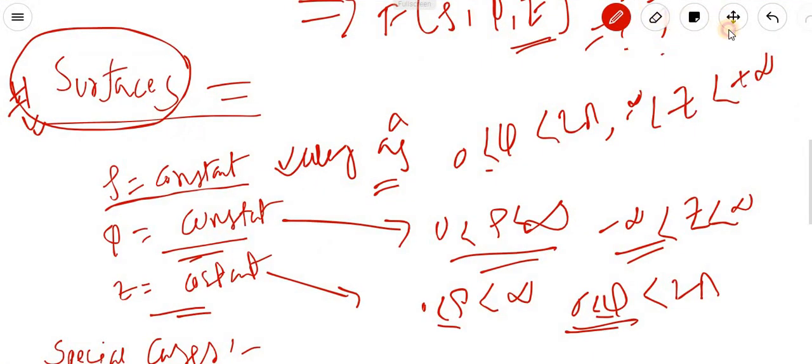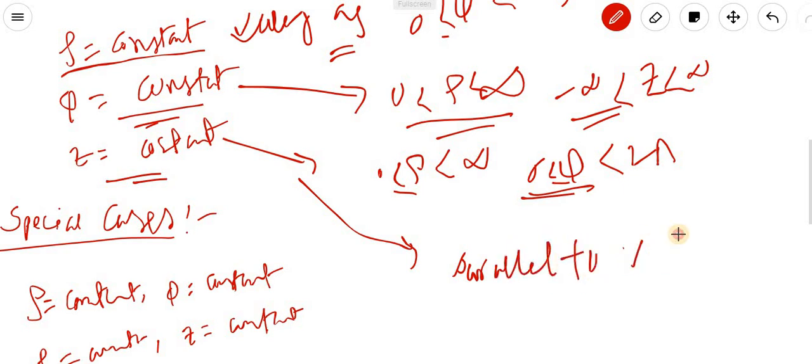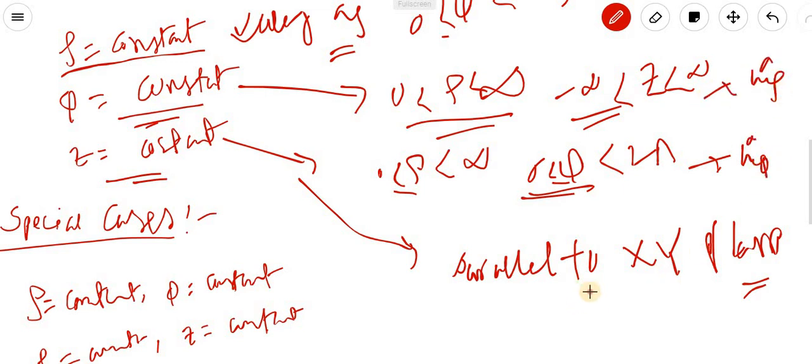So for this we will be getting a plane parallel to the xy plane. For this direction it was A phi, for this direction it is A rho, for this direction it is A z. So z constant means the surface is parallel to the xy plane. Clear?